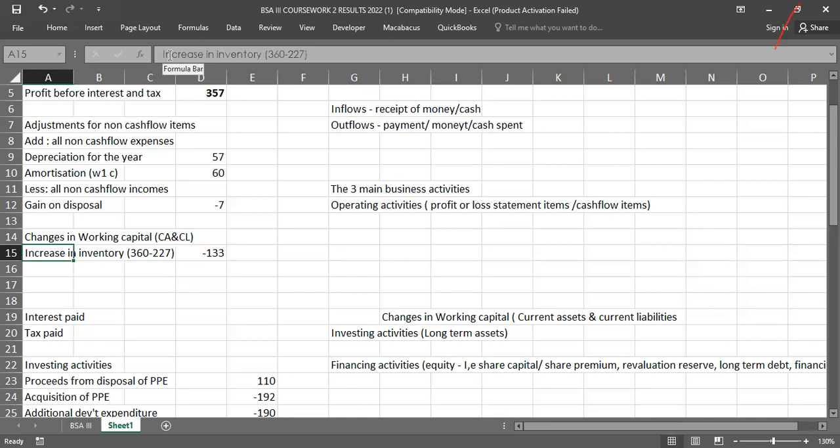If you don't sell, you're holding cash at your premises. It's not good to hold cash. You must use it for something. But the easy part is just to say, for inventory to increase, you must have spent on it. You either manufactured more or you bought more. And because of that, it's an outflow.